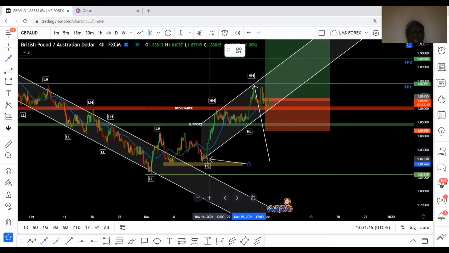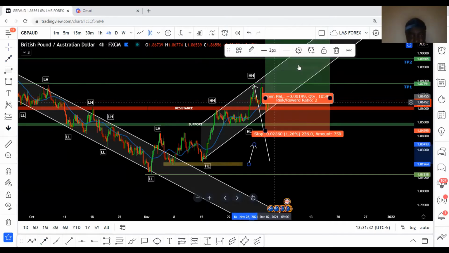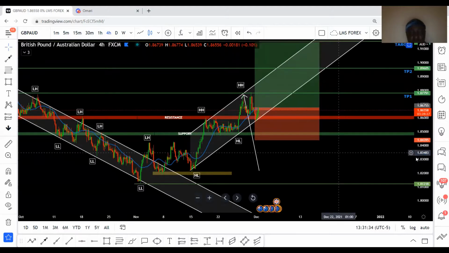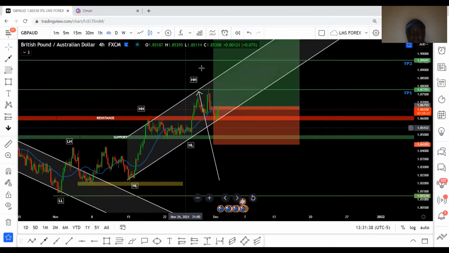We have what I like to call a 1, 2, 3 move. Whenever you have a 1, 2, 3 move, you usually like to enter at the pullback. So that's exactly what was happening to us right now, and I decided to enter this position because of that situation. We have a new uptrend forming.